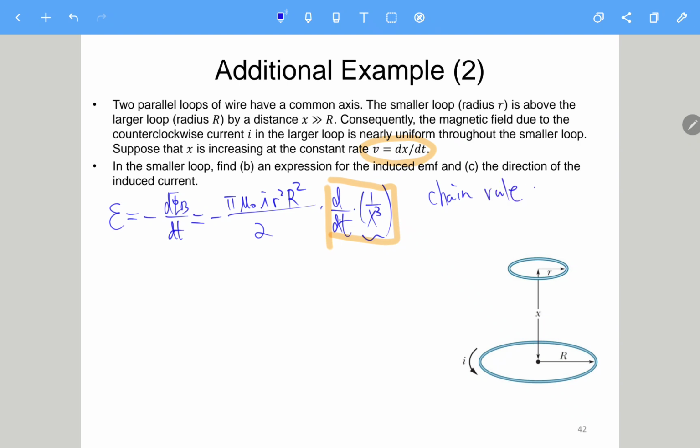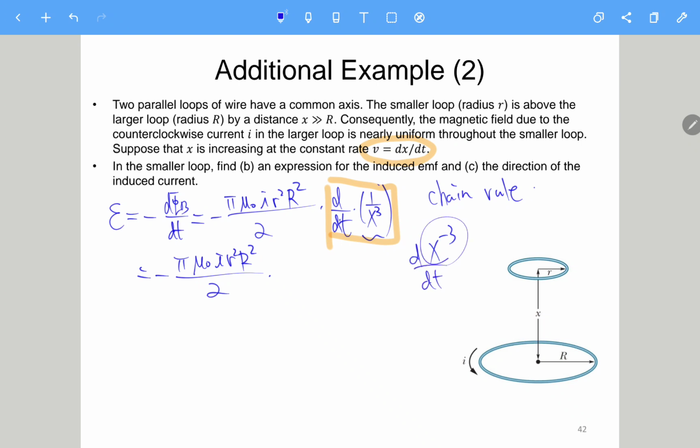This is nothing but negative pi mu naught I r squared capital R squared over 2, and then the chain rule. 1 over x cubed is x to the negative 3, and then d/dt.